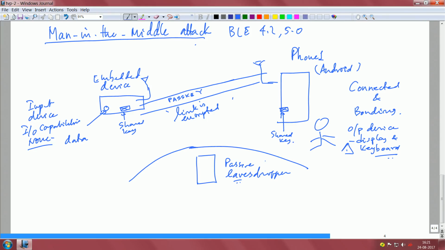The ability of BLE to thwart man in the middle attack. BLE, again I am restricting myself to BLE 4.2 and greater, which means 4.2 and 5.0 only. Take this picture in mind.